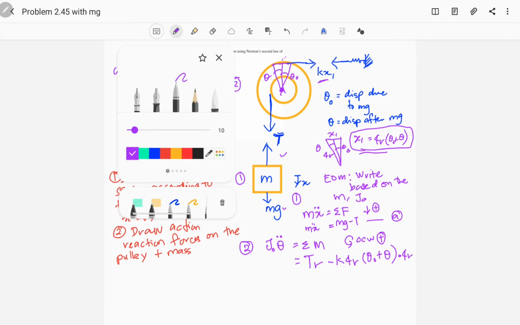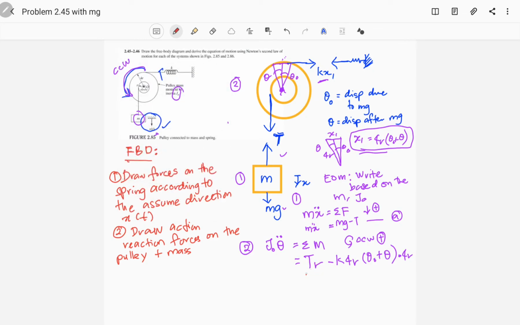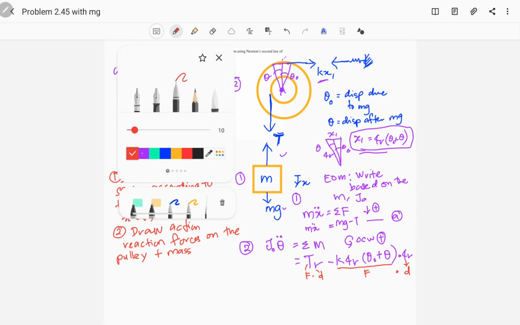Okay, if I can just label here, this is force, this is times distance. So this one is force, this one is distance, so that you know your moment is force times distance.